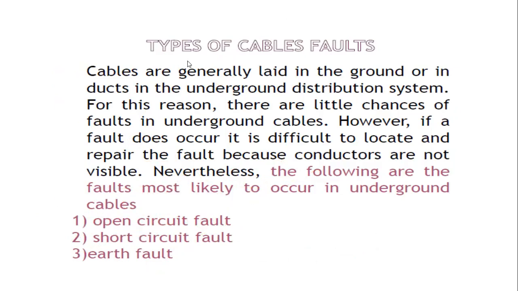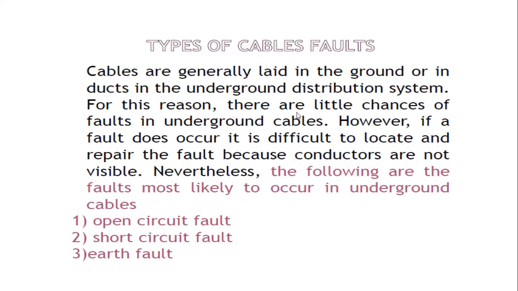Next, what faults are obtained in the case of cables? That is, types of cable faults. The cables are generally laid in the ground or in the ducts. Underground cables means the cables are placed underground.